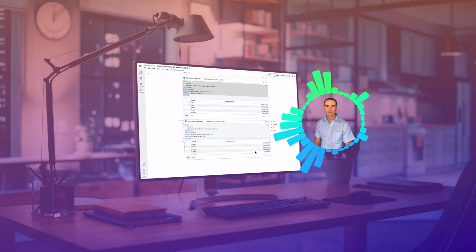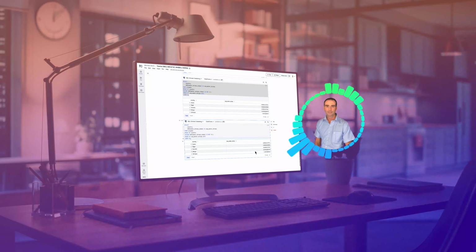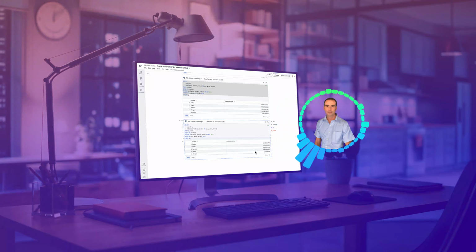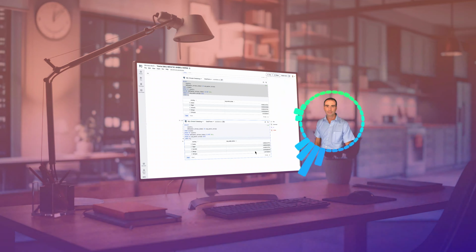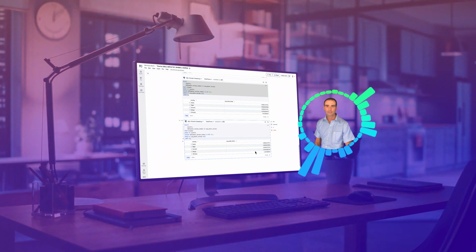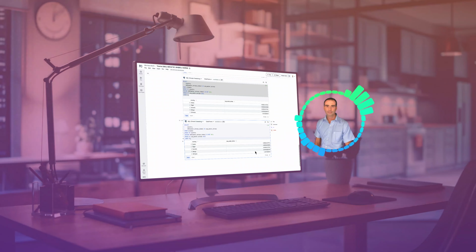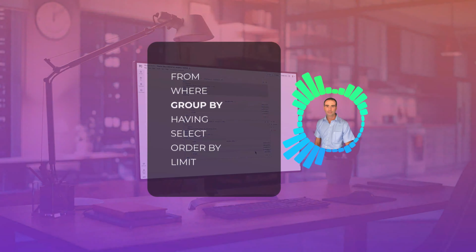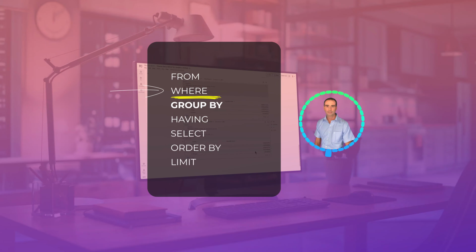Now that we have gone through the whole thing with various examples, it is time to draw conclusions and conclude this tutorial. To summarize, the fundamental difference between where and having lies in when they filter the data. Where does it before aggregation, while having does it after.